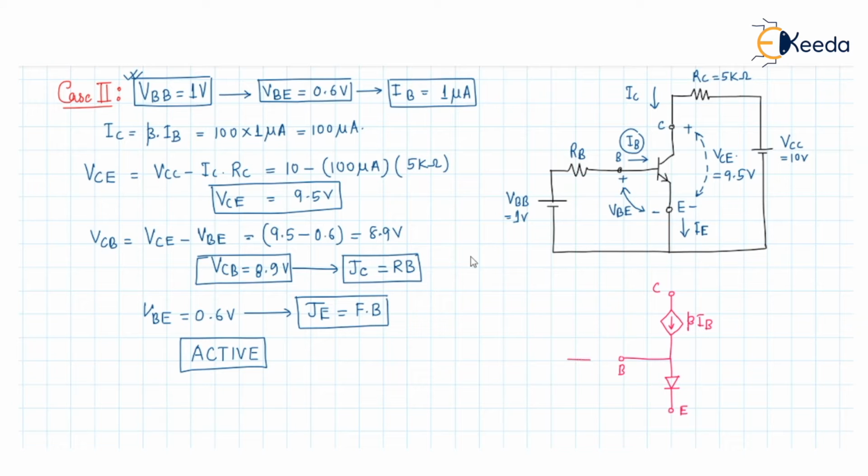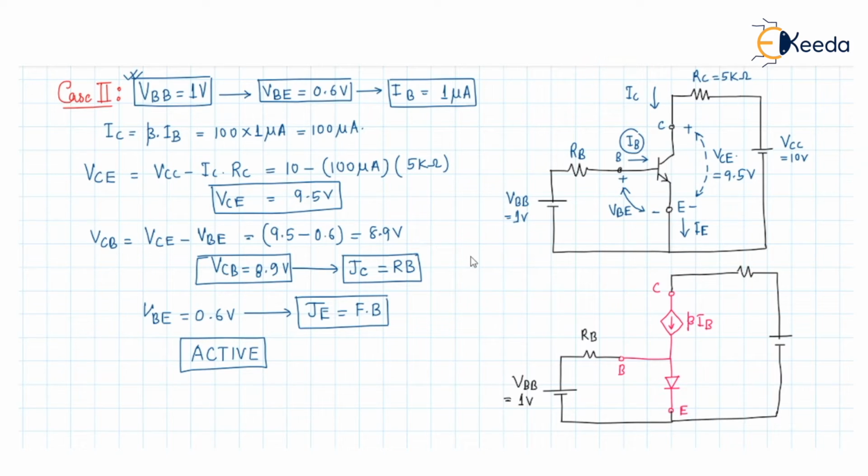So there will be a resistor connected with the base. It will be like this. This is the RB resistor in which there will be a VBB voltage source connected, and we have applied the VBB as 1 volt, and with the collector there will be an RC resistor and a VCC.